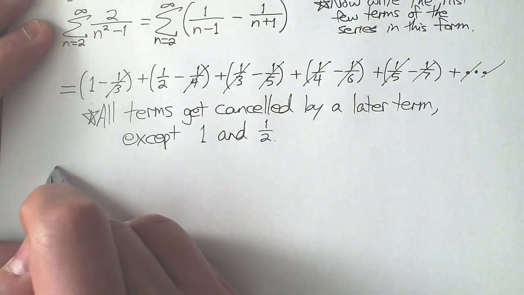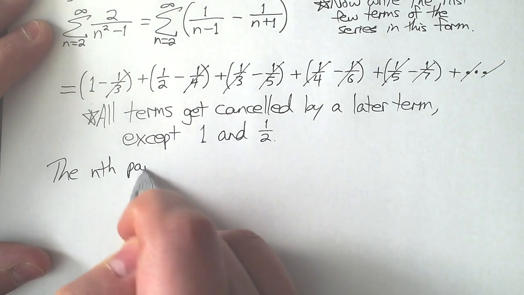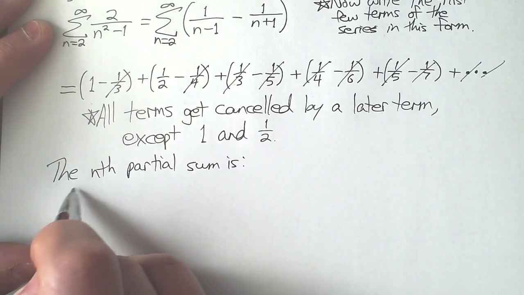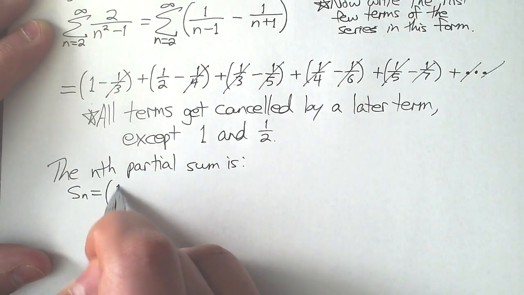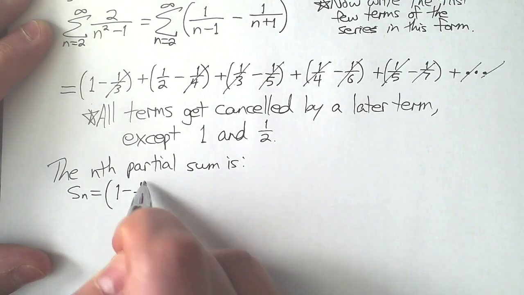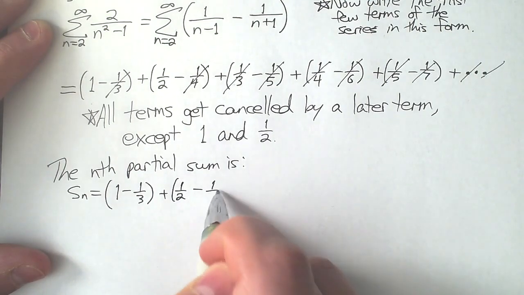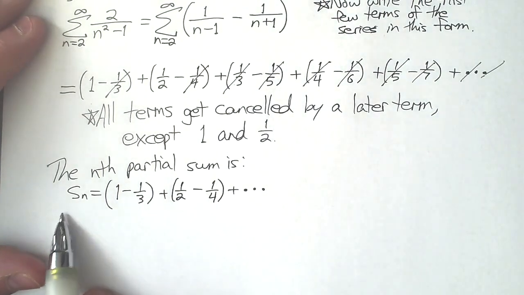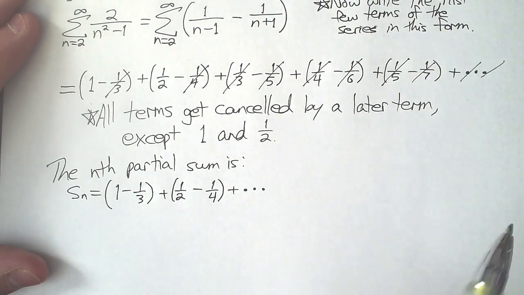Here, let me phrase it this way. Technically, we should be looking at the nth partial sum. So this is similar to what I just wrote above, but what would it look like if I tried to add up the first n terms?